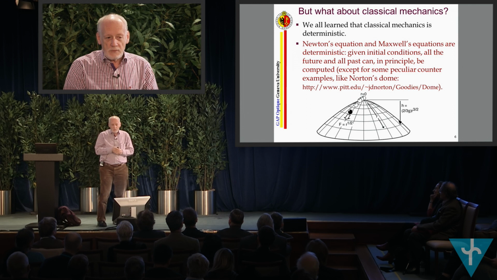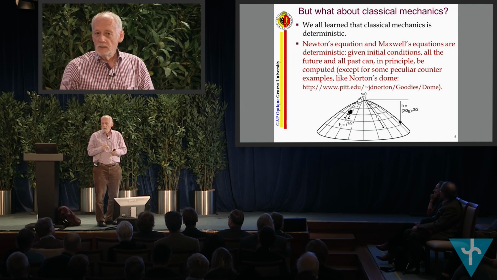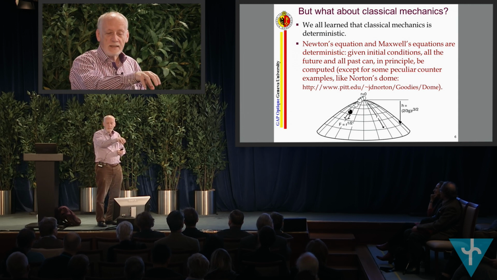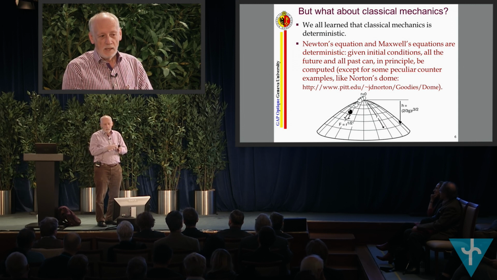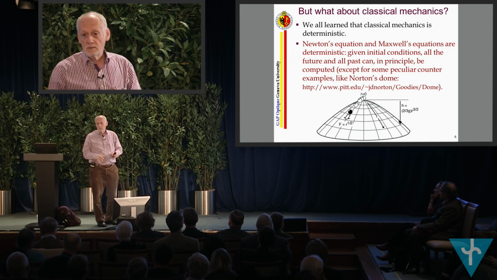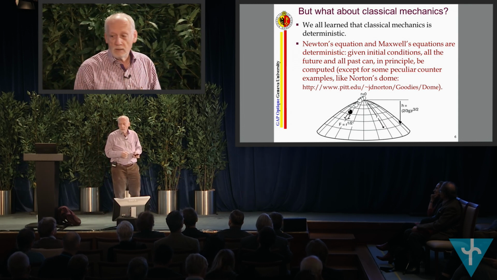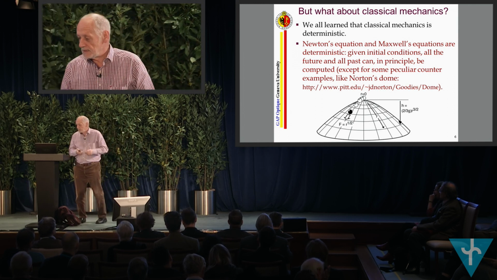So consequently, if you now start from a ball sitting on the top of this Norton dome, it can, according to Newton's equation, start at any random time, in any random direction, and move away spontaneously without violating Newton's equation. So maybe Newton's equations are not that deterministic after all.